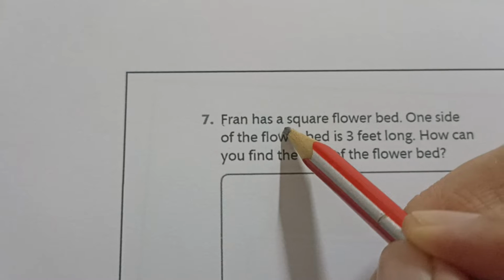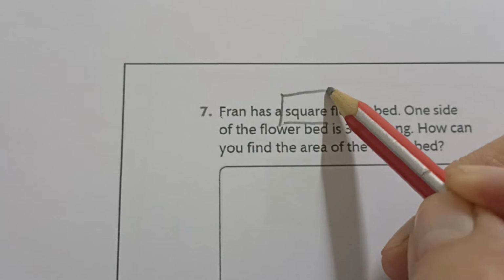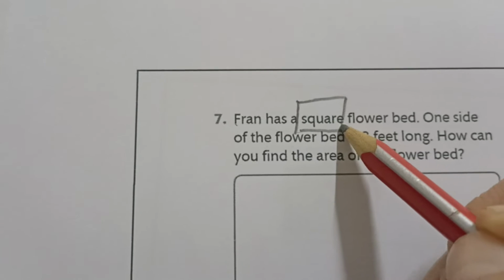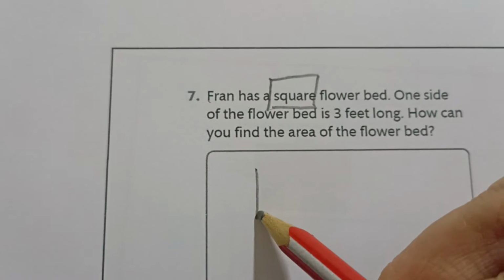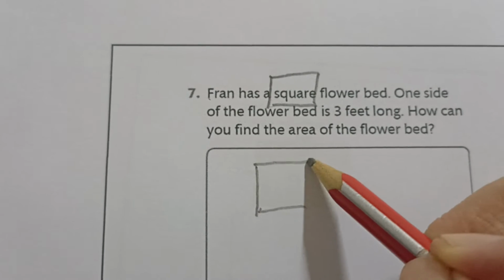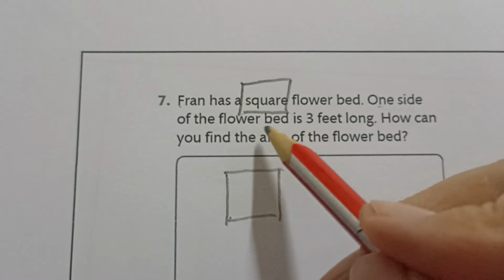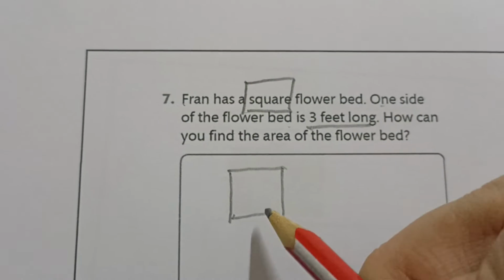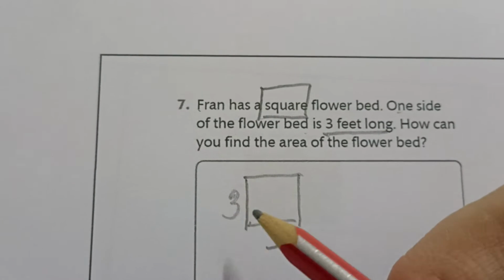Frank has a square. Again, you need to be able to read that word, to find with your eyes that word square, because square means that every side, each side, is the same. And here one side is 3. So one side is 3. That means that the other side is also 3.